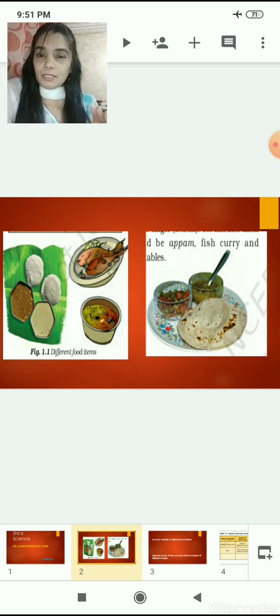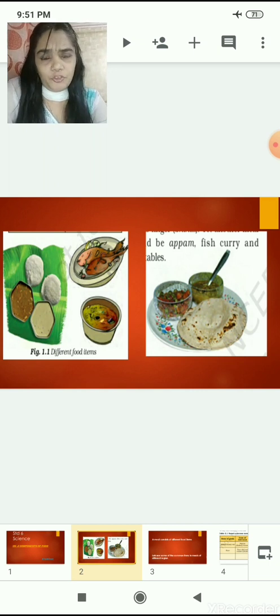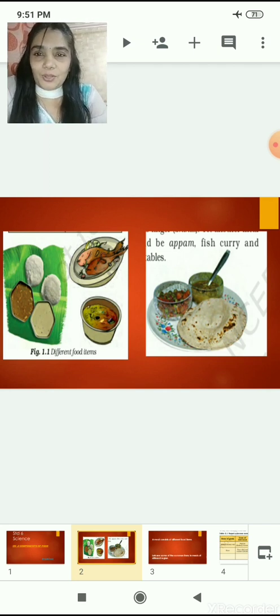So different meals in different states. Some like to have appam, fish curry, like what we have presented here in the image. That is puttu and that fish curry, with two types of side dishes. So it's very yummy. And some vegetables also.